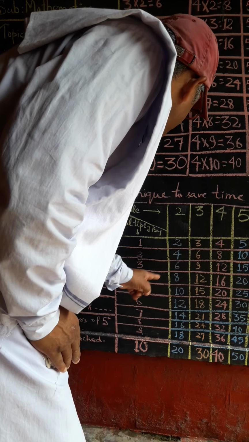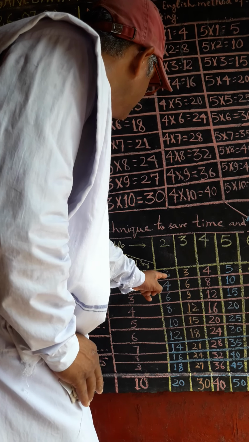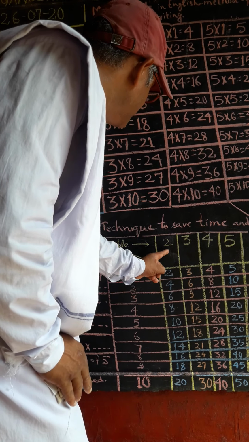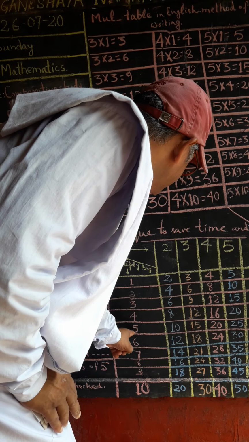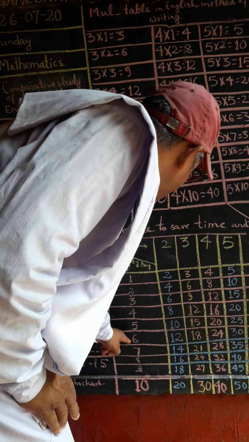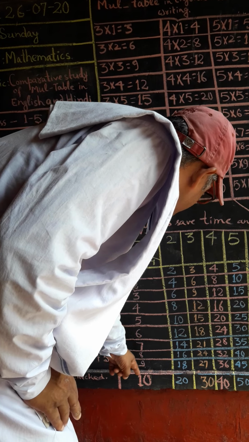In English you can practice 2 1 जा 2, 2 2 जा 4, 2 3 जा 6, 2 4 जा 8, 2 5 जा 10, 2 6 जा 12, 2 7 जा 14, 2 8 जा 16, 2 9 जा 18, 2 10 जा 20.